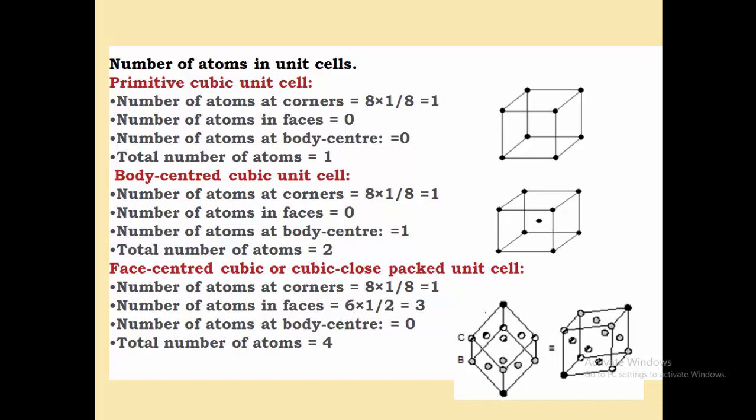As I have already told you, there are different types of unit cells. Just remember the number of particles or atoms in cubic unit cells. There are 7 crystal systems, but we concentrate only on the cubic crystal system. So in a primitive cubic unit cell, the number of particles is 1, because from each corner, 1/8 portion belongs to the unit cell.